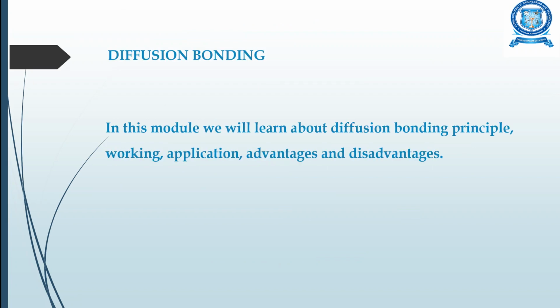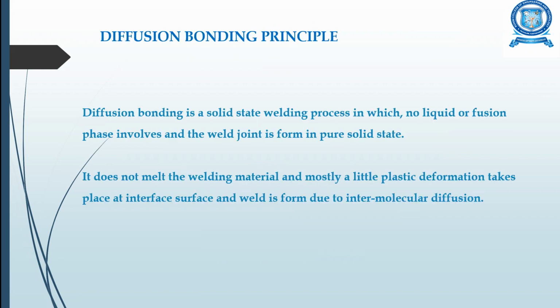So diffusion bonding. In this module, we'll learn about diffusion bonding, its principle, working, applications, advantages, and its disadvantages. Diffusion bonding is one of the solid state welding processes in which no liquid or fusion phase is involved, and the weld joint is formed in the pure solid state.